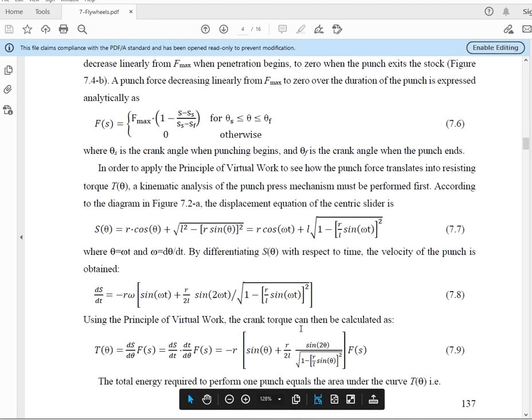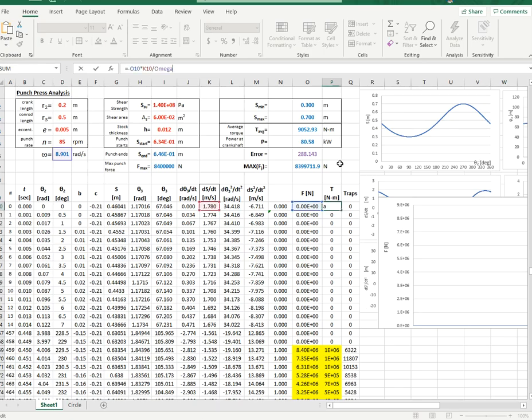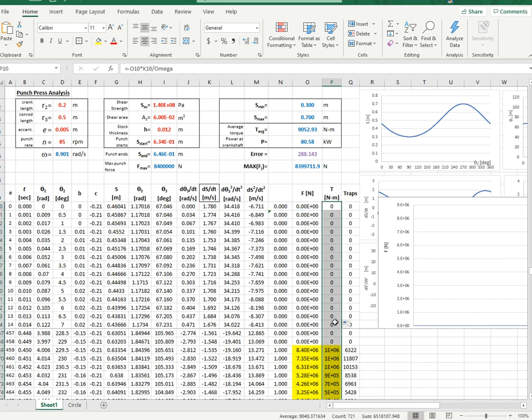So principle of virtual work is essentially this equation, T equals this. All right, so this is for torque, and of course it is zero when force is zero and has some non-zero values that go from a maximum to near zero when the punch occurs.